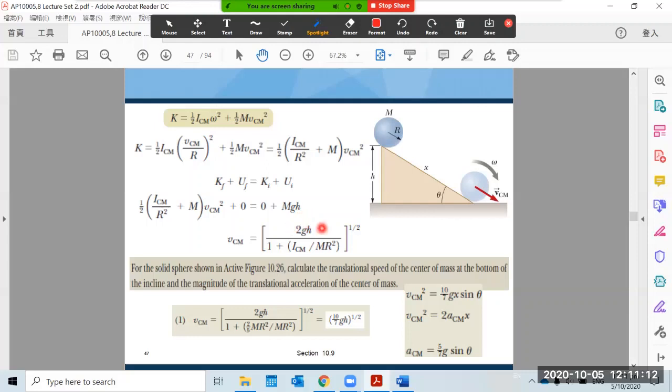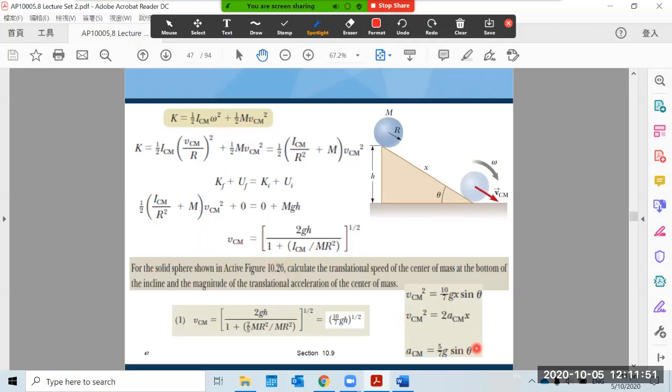So in this way, we could determine the linear speed of the ball when it is rolling down the surface. Now, this equation would be quite different from the case when you have just a particle sliding down a smooth surface. So here you see the moment of inertia actually plays a part in the calculation of the final speed of the particle.